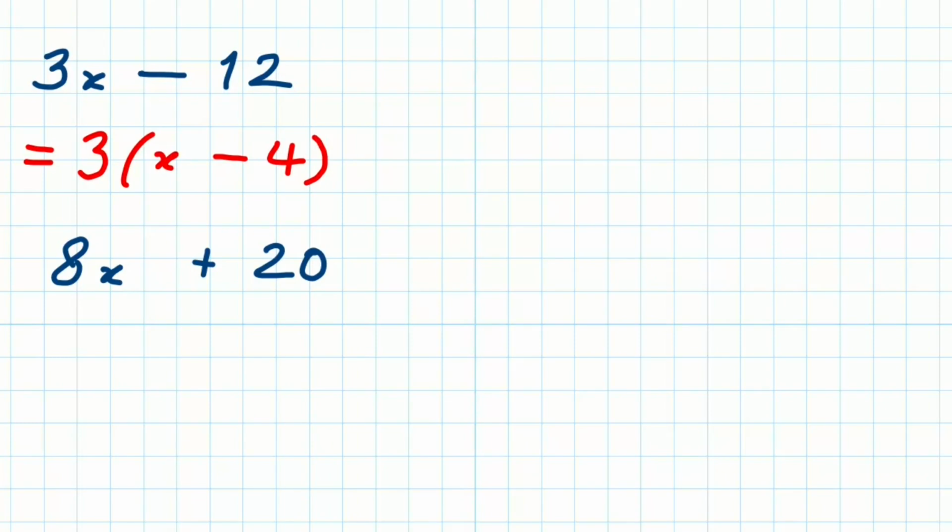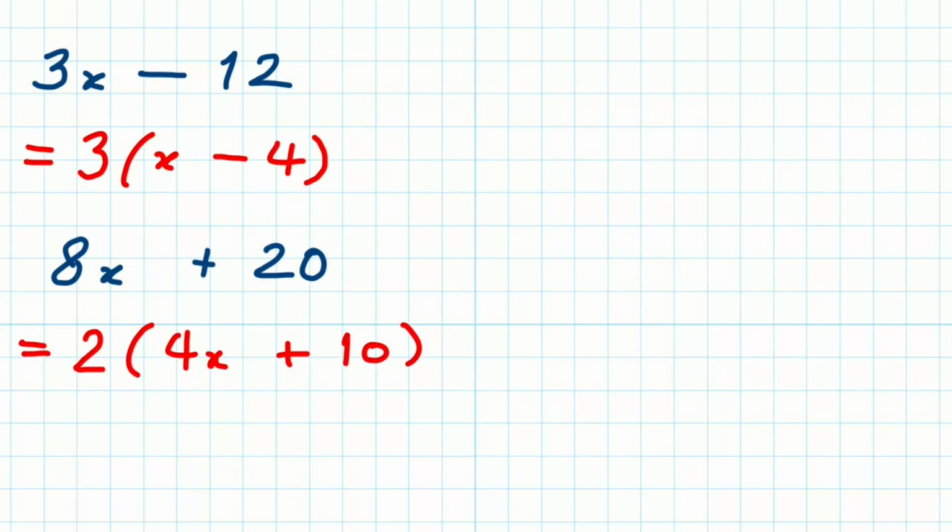We have to be careful always to use the highest common factor possible. So with 8x plus 20, you may notice that both 8 and 20 are even numbers, so we can divide them by 2. So if we took 2 as a common factor, we would get 2 open bracket 4x plus 10 close bracket.